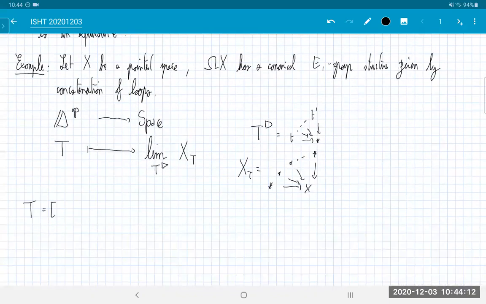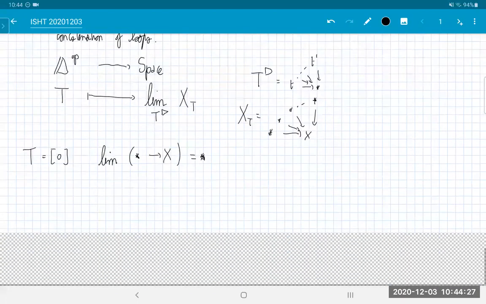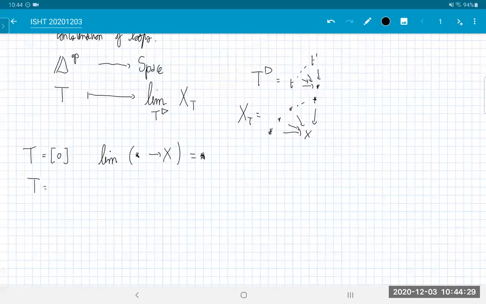So let's see what happens. When t is 0, I'm taking the limit of this diagram here. And this category has an initial object, so all that I get is 0, the point. I take t equals 1.